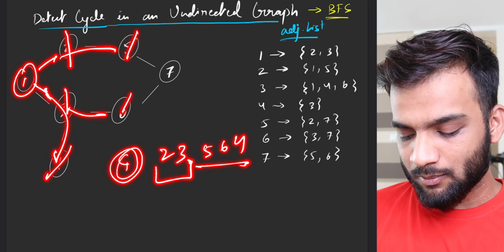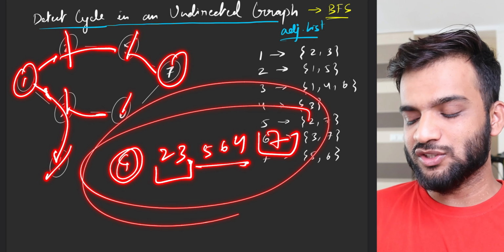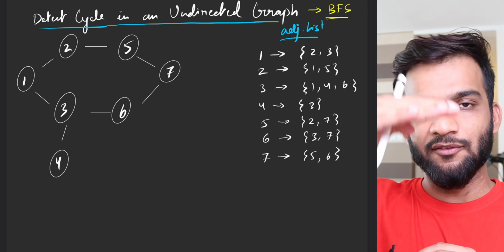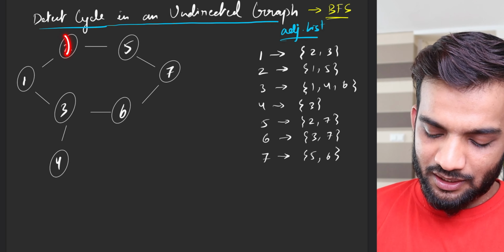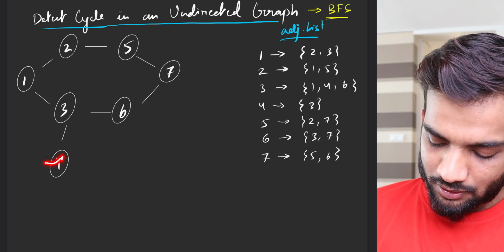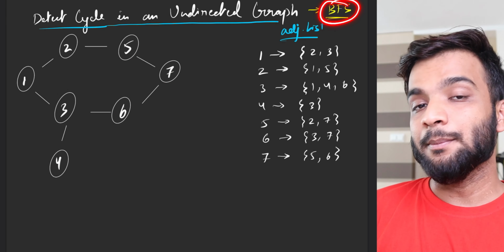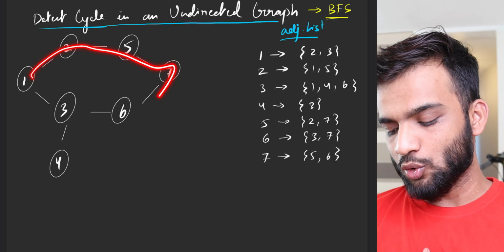At the next time, you visit this 7. So this is what the BFS traversal is. It goes level wise, like level 1, level 2, level 3. Basically, it visits these 2 nodes, then these 3 nodes, then this node. This is what we call BFS traversal, whereas DFS is different, where you just go deep.